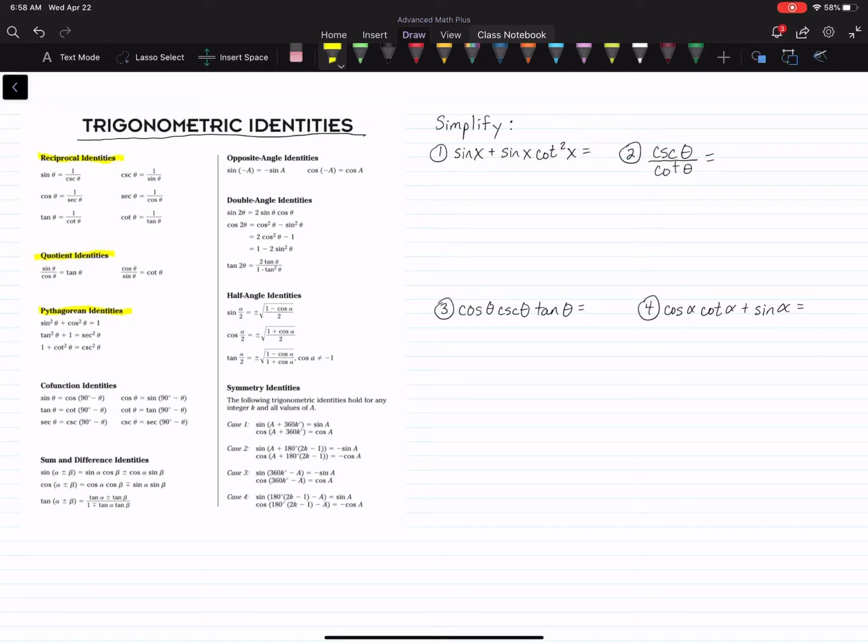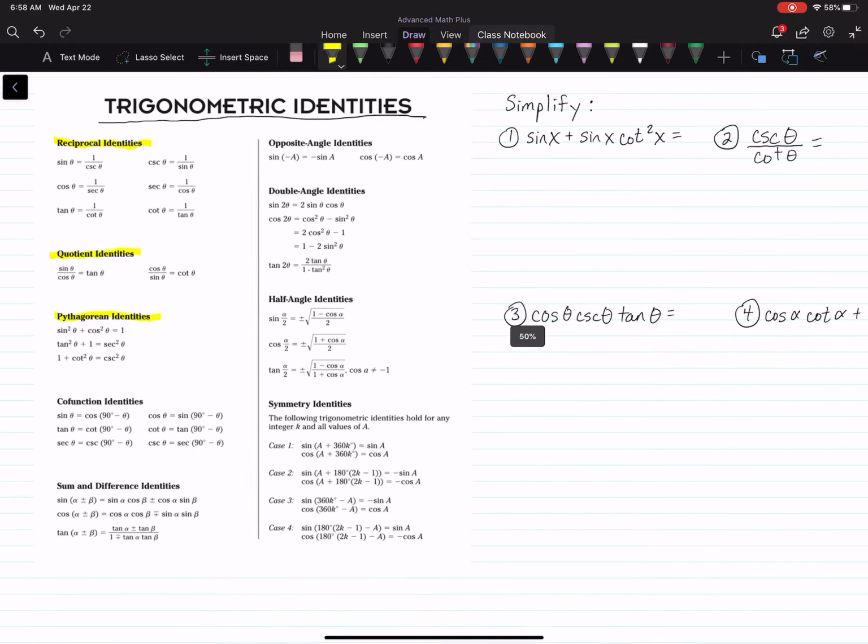So just so you know, these three sections of identities are what we're focused on in this lesson. And here we go. I've got 4 examples over here. You can find these on the internet, examples to do. There's a lot of them. So without further ado, we're going to start with number 1.